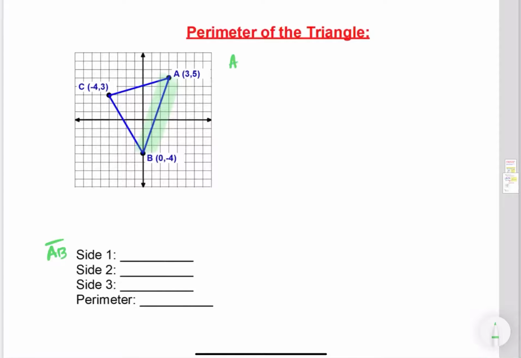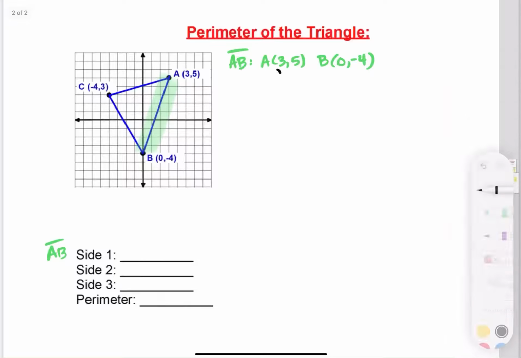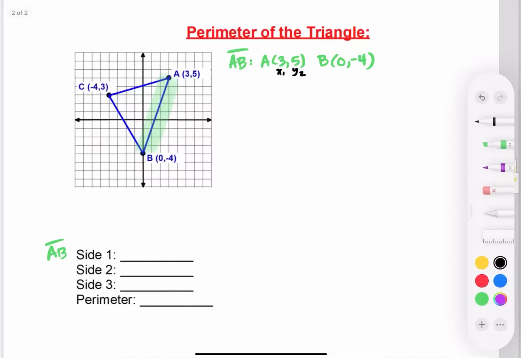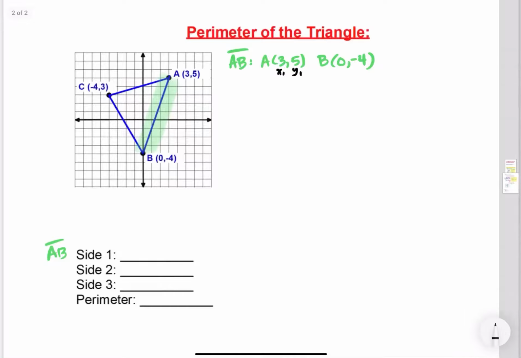So I'm going to organize my thoughts. Since I'm using the distance formula, I know that point A is going to be at (3, 5) and point B is going to be at (0, -4). That's going to be my x1 and y1 for my first point, and x2 and y2 for my second point.